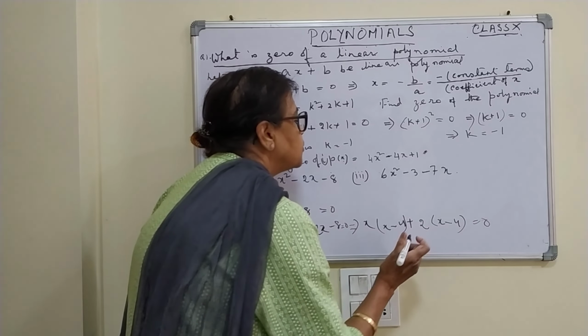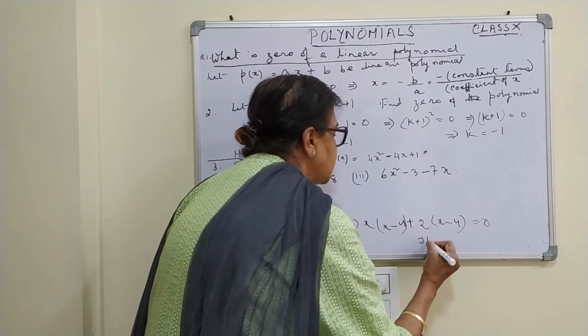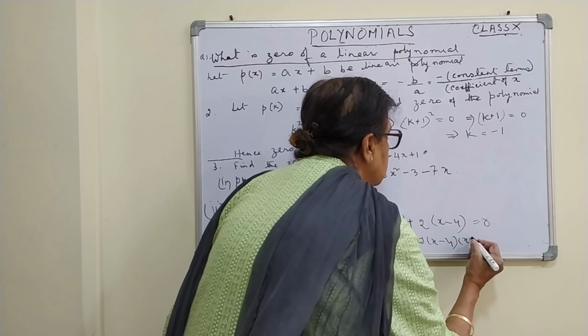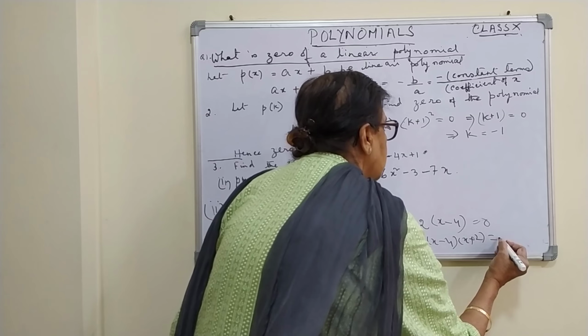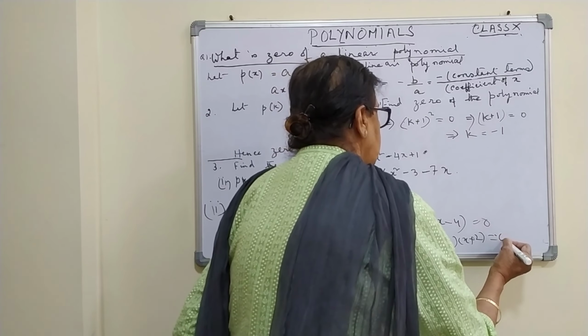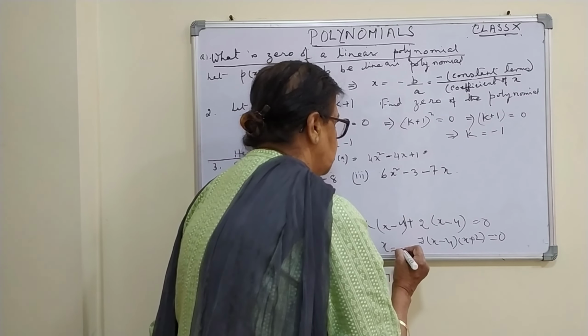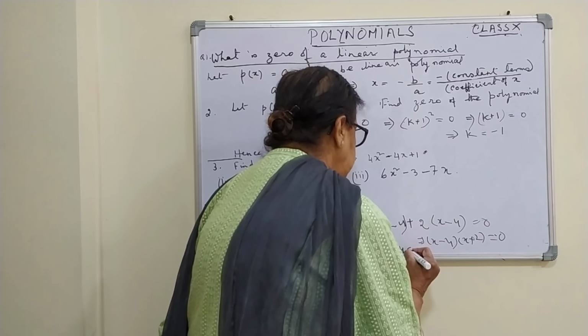So implies x minus 4 and x plus 2 is equal to 0, which implies x is equal to 4 and minus 2.